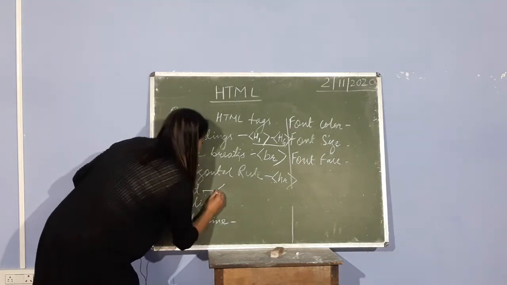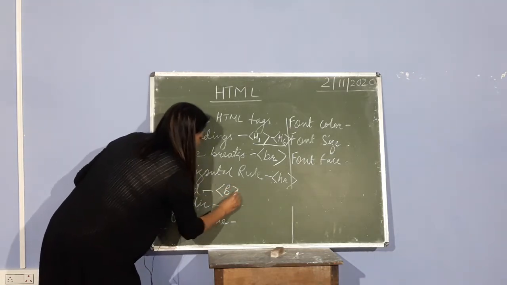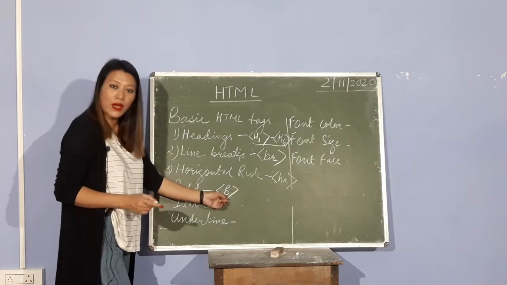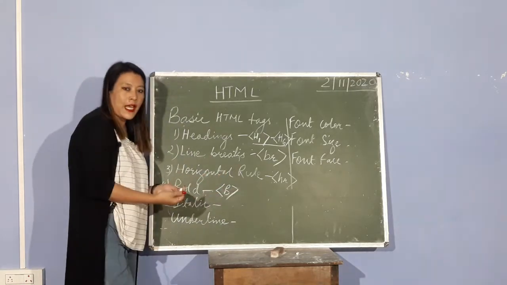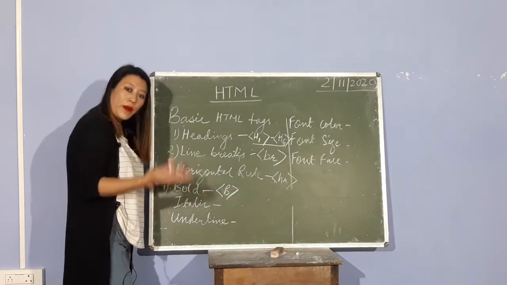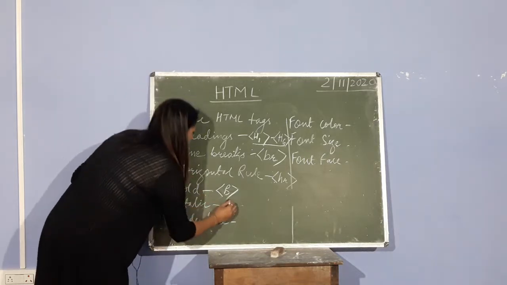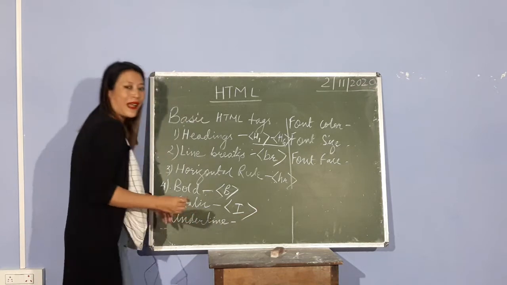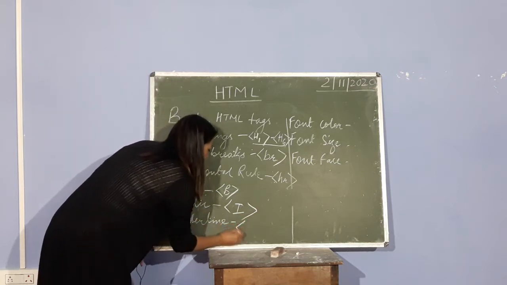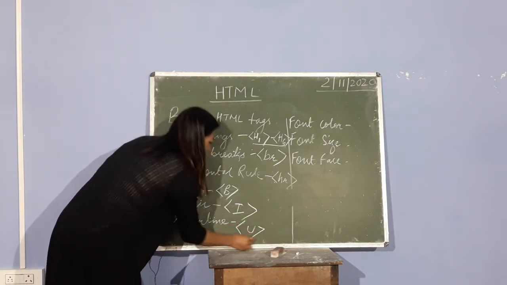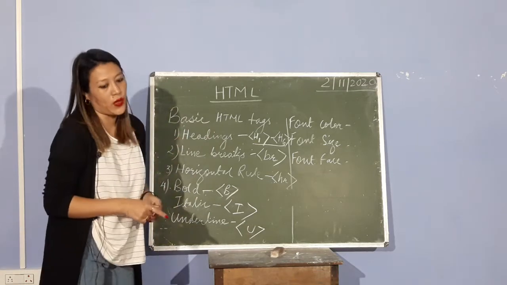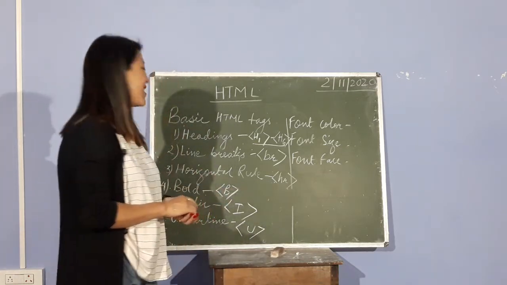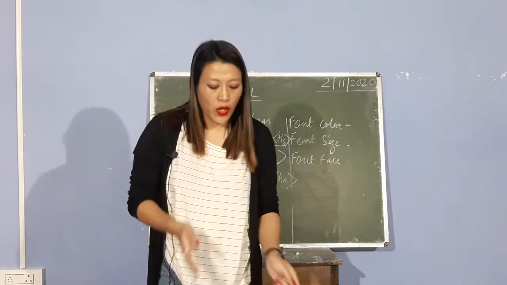B for bold: as soon as you write the B tag in front of any text, your text will be bold. When you write I, it will be changed into italic, and when you write U, your text gets underlined. So these are the basic tags in HTML which you need to know.